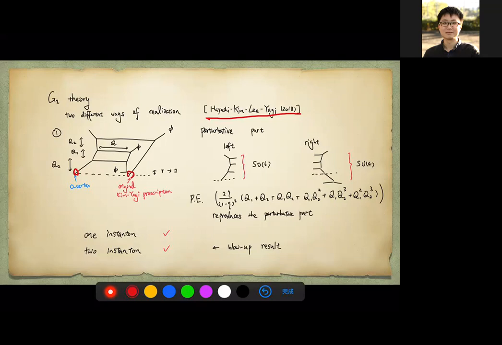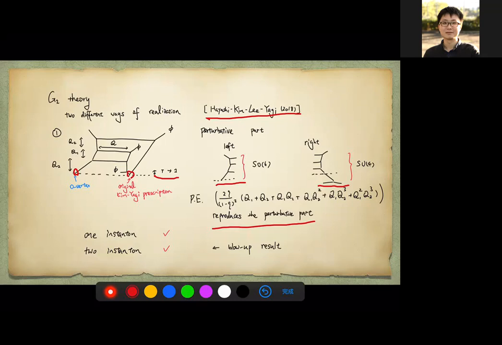For example, the perturbative part looks like a mixture of SO6 and SU4, and by taking the t goes to 1 limit again, we can see that the perturbative part really reproduces the G2 root structure.